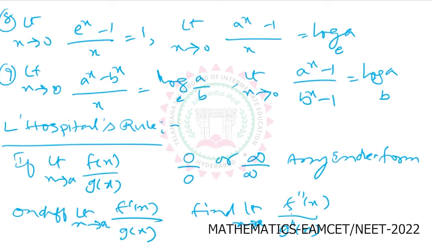So write down next. Limit x tending to 0, 1 minus cos x by x is equal to 0. These are the important results. You have to memorize this.